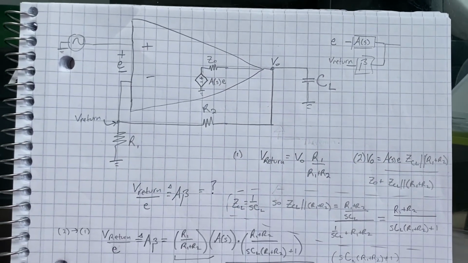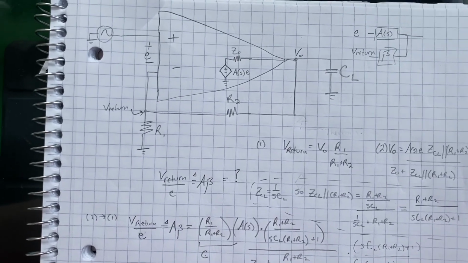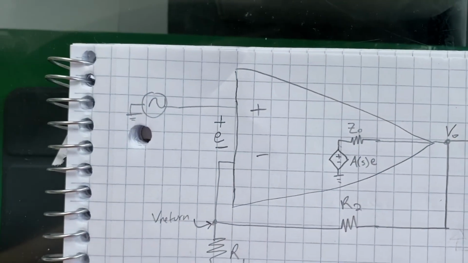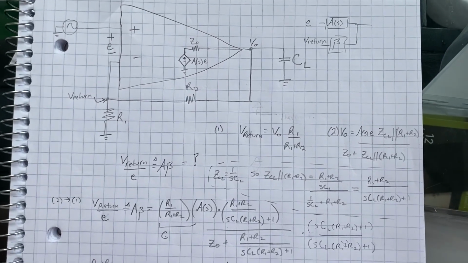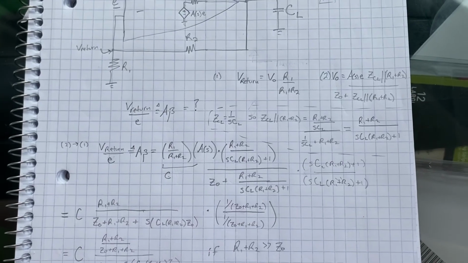If we solved before for V-return over V-test, where here we're saying that the error voltage between the plus and minus terminals is V-test, we can do some algebra, and pause it if you want to look at this.